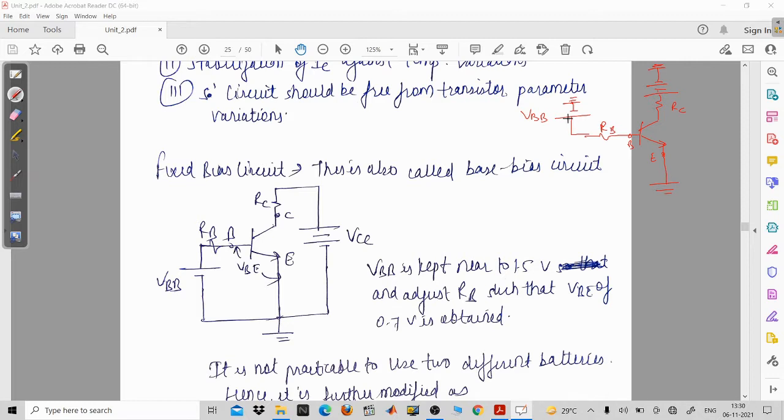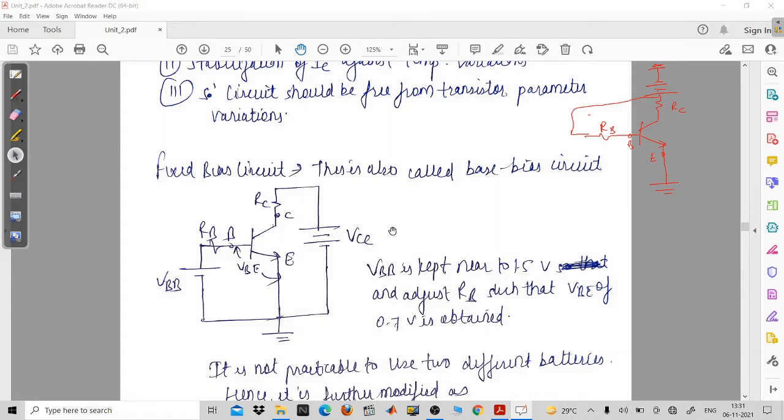Now you can see here we can replace these two batteries by a single one. In that case, you will have to use only a single battery. It means that your RB will be connected to here. So we have not done anything. We have just taken a single battery instead of two.